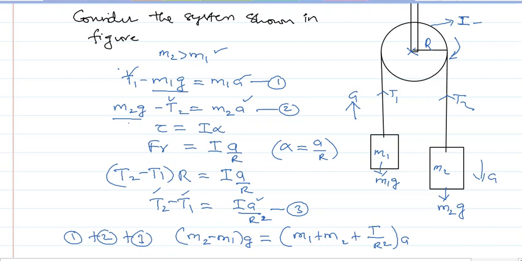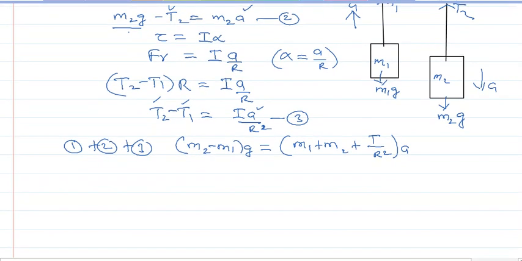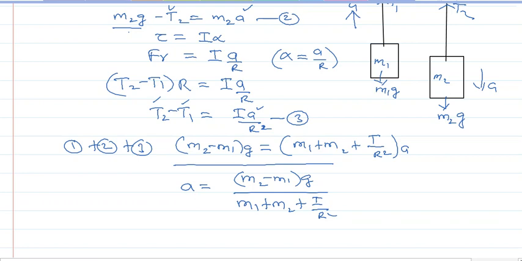Now we want the acceleration of the system, so I am writing the same. A equal to M2 minus M1 of G divided by M1 plus M2 plus I by R square. So if you recollect your knowledge about the acceleration of the Atwood machine, what is that?